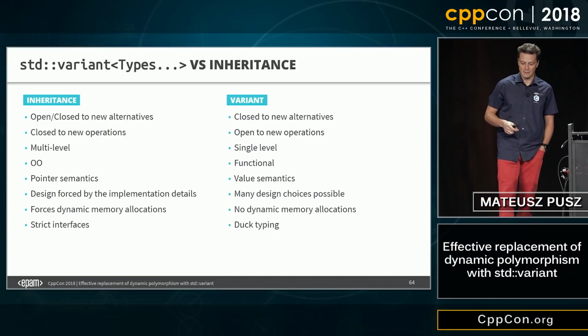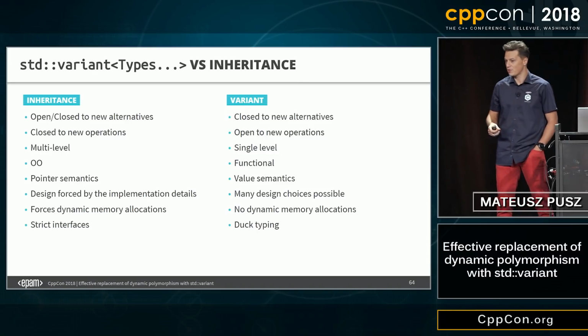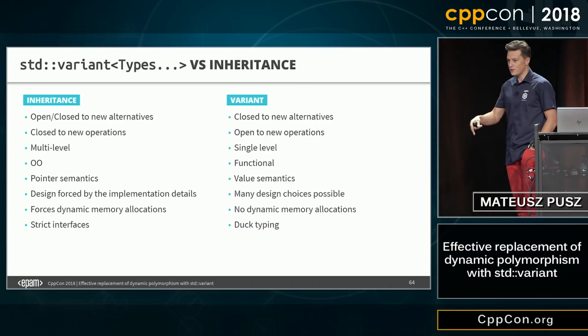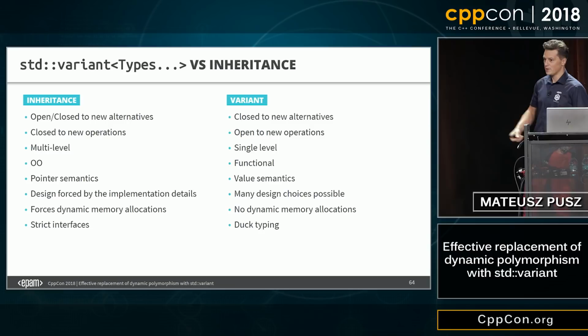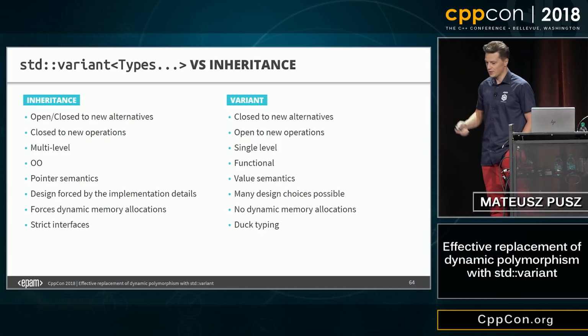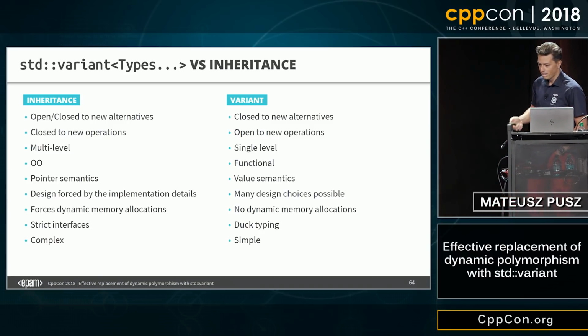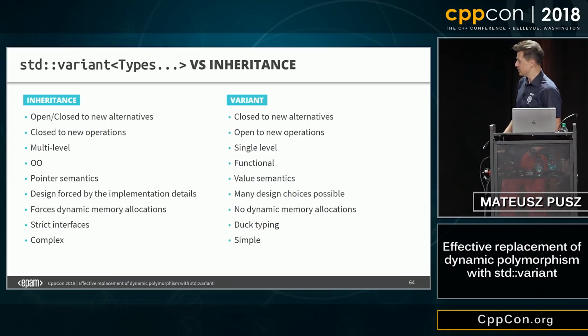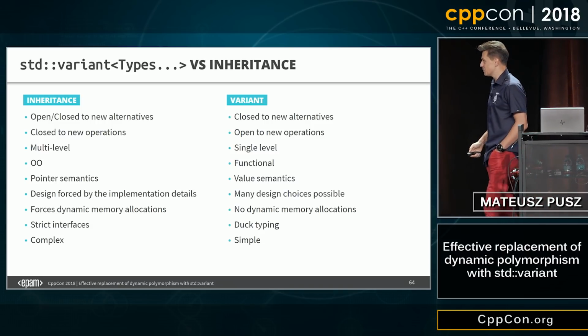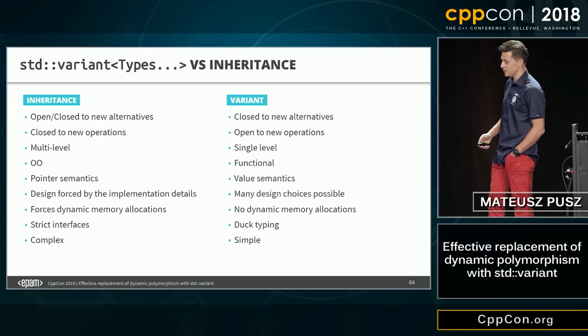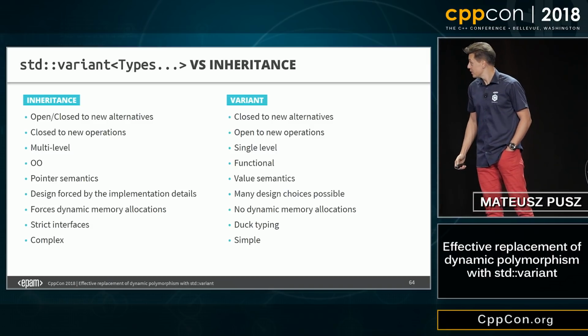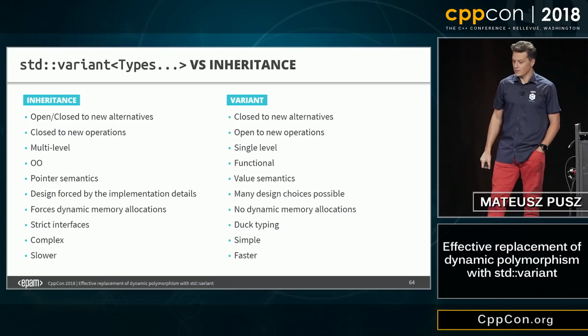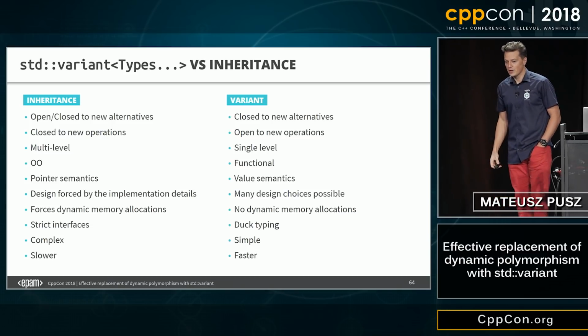Your function may have, for example, default arguments, default values provided for the arguments, so it will pass the duck typing signature check. I would say that inheritance is more complex, at least in the number of lines you have to write. In case of reasoning about the design, variant is simple, and yeah, we see the graph.